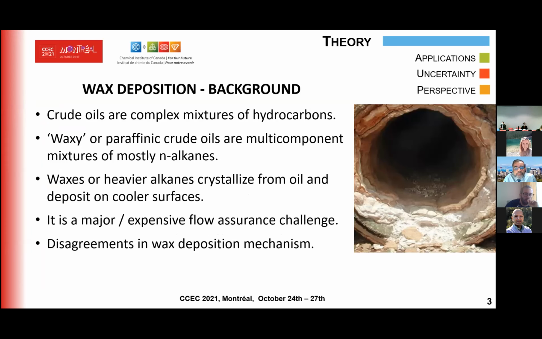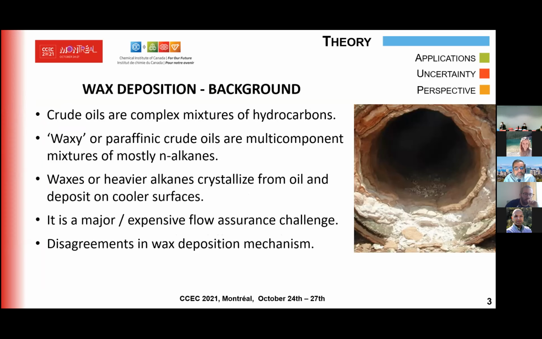So let me start. Those of you who are not familiar with this type of crude oil, I'll just give you a brief background. So first of all, crude oils are complex mixtures of hydrocarbons. Everybody knows that. Waxy or paraffinic crude oils are a special class of crude oils that are multi-component mixtures of mostly n-alkanes.